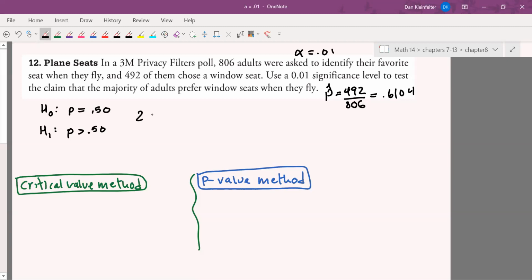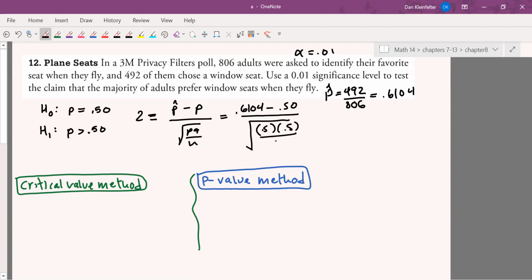So then, test statistic next. We'll have p-hat minus p over the square root of pq over n. The p-hat worked out to be 0.6104. The claimed p from the hypothesis is 0.50, so our q is the same.